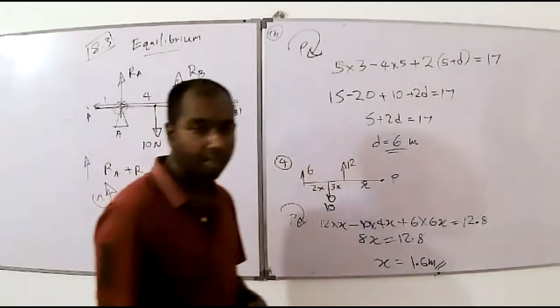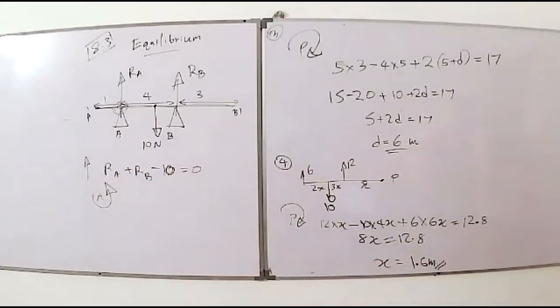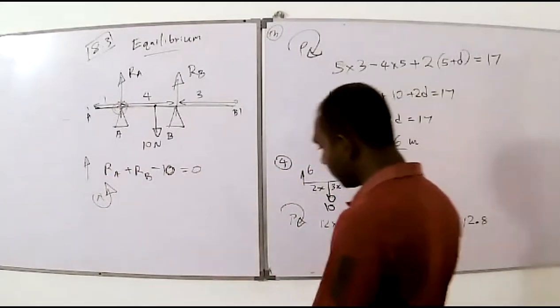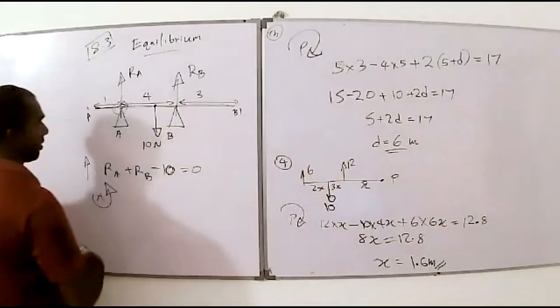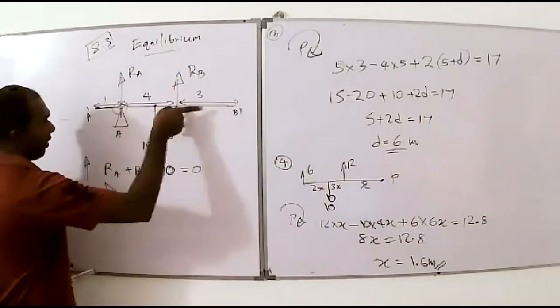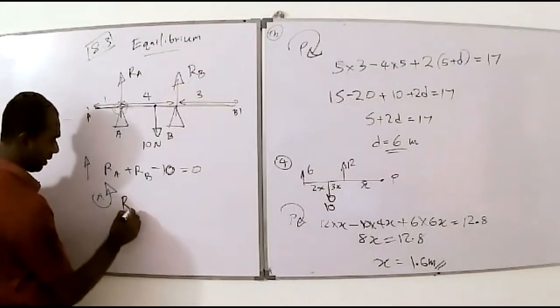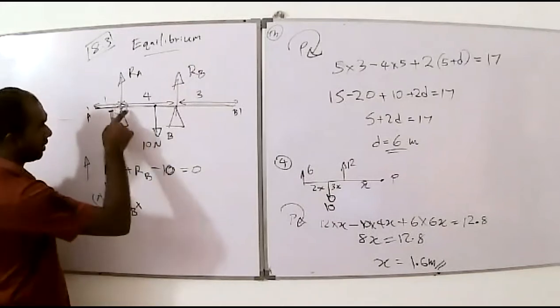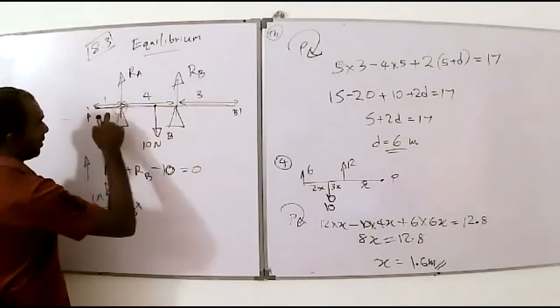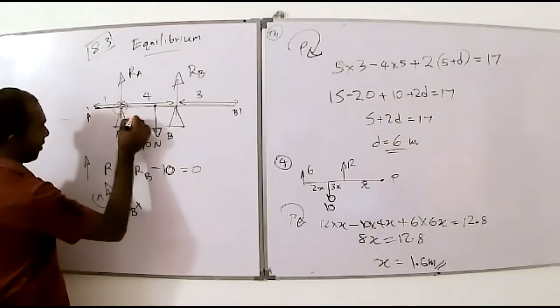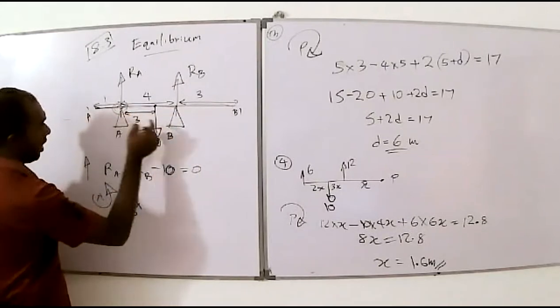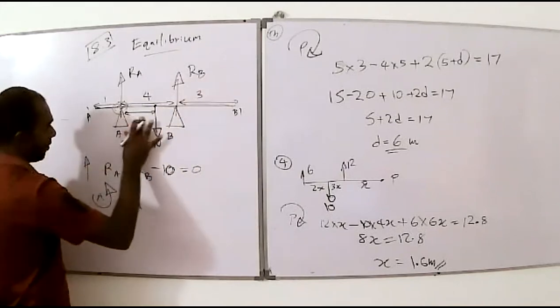In the anti-clockwise direction, let's see what forces are coming. This RB force is going to come. So RB into how much is the distance going to be? Sorry, it is given, it's already 4.